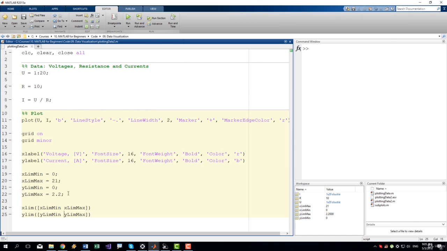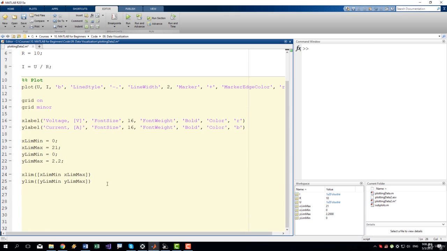Now, since we have extracted these values, we can modify them as much as we want. We could do it directly inside the function here, but that is not very clear what exactly is going on. So here instead we can do the following. We can take the maximum value of our voltage, so u, and increase our x limit by 10%.